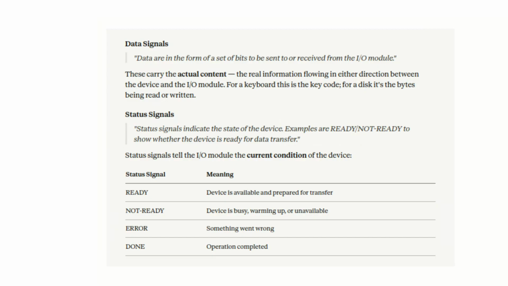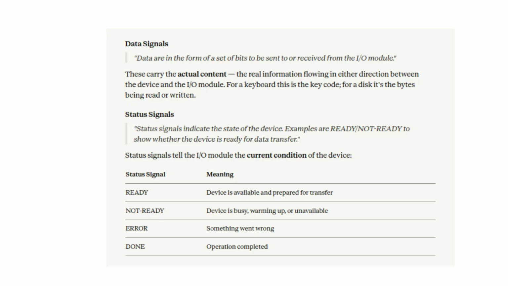Next is data signals. Now data signals, I told you, are the actual information, the real content which is flowing in either direction. It can flow from the device to the I/O module, or from the I/O module to the device. So in both directions it can go. So it carries the actual content. For example, if you consider a keyboard, this is a key code.